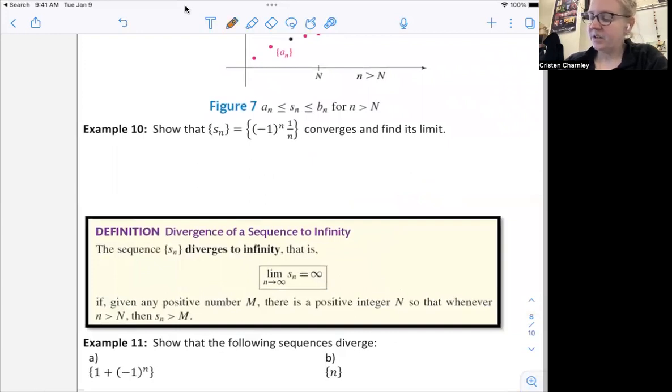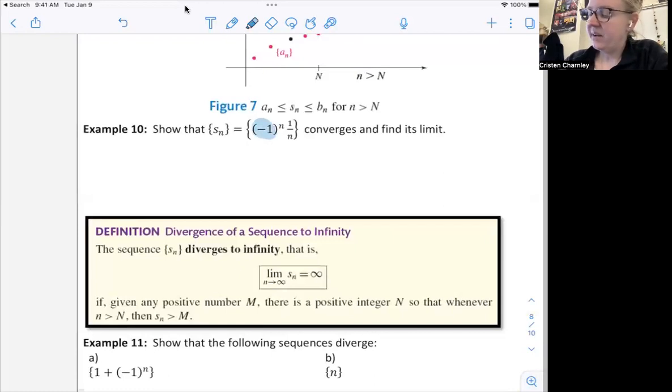So example 10, show that s sub n equals (-1) to the n times 1 over n converges and find its limit. The -1 throws a little bit of a wrench into this initially.